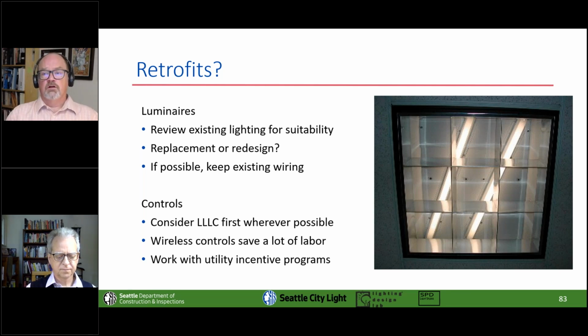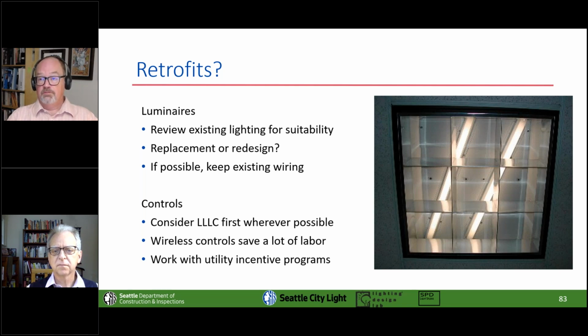So retrofits in general, just a big thing here. When you're doing a retrofit project, look for suitability, look for redesign opportunities if you can. However, I would reference back to the NIA study that suggested that unless you have a situation where the location of the light fixtures is radically problematic, you can probably do a one-for-one solution and then massage the amount of light coming out of the luminaire to get you to where you want to be.